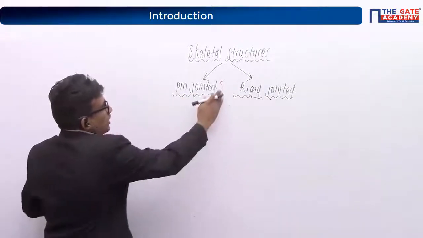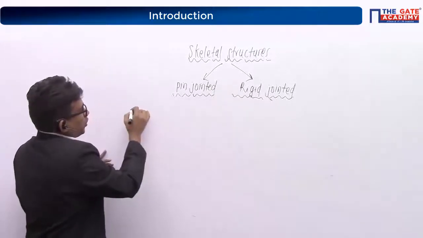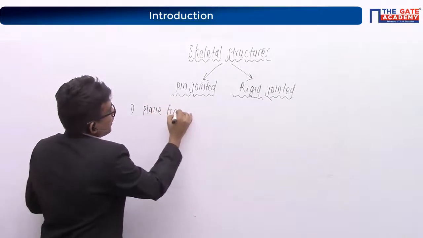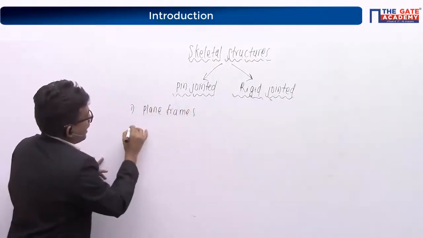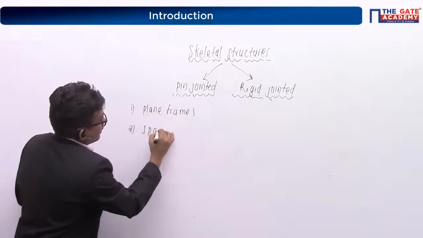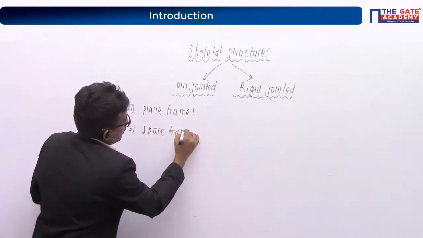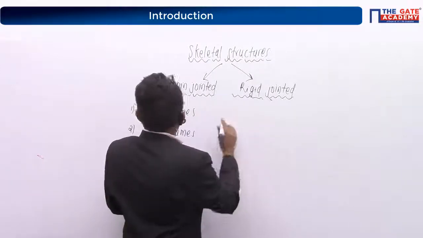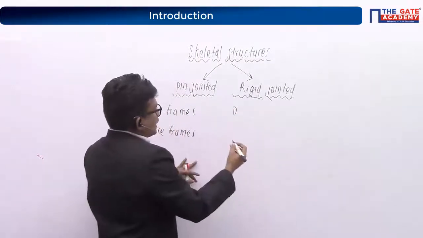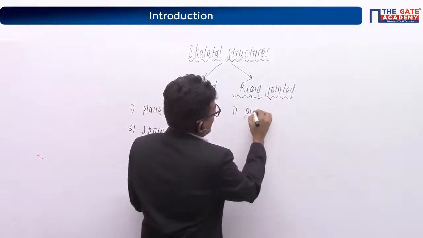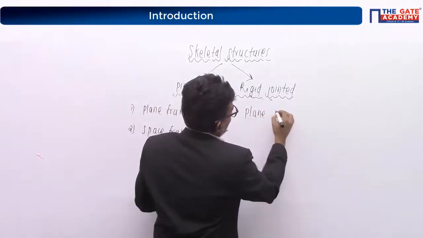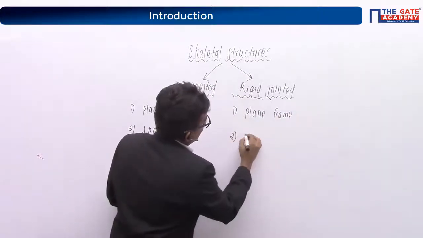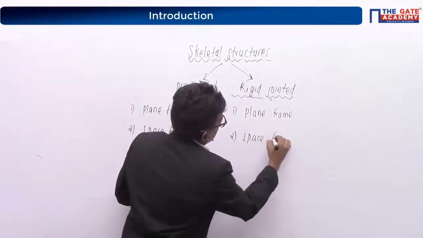The pin jointed structures can be classified into two, that is plane frames and space frames. The rigid jointed structures are also classified into two in the same manner: plane frame and space frame.